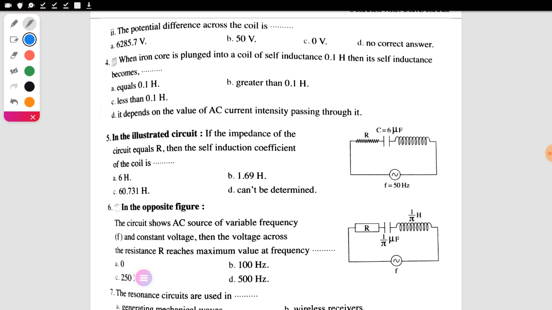The voltage across the resistance R reaches maximum at what frequency? The value of R is constant. VR equals I R, and R is constant. This means that VR is maximum when I is maximum, and I increases as the frequency is increased.